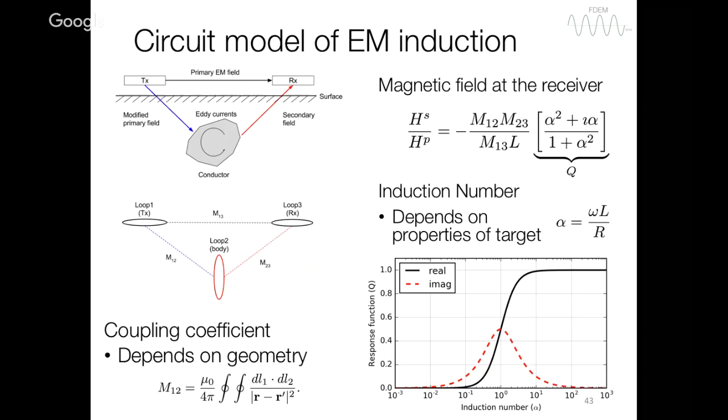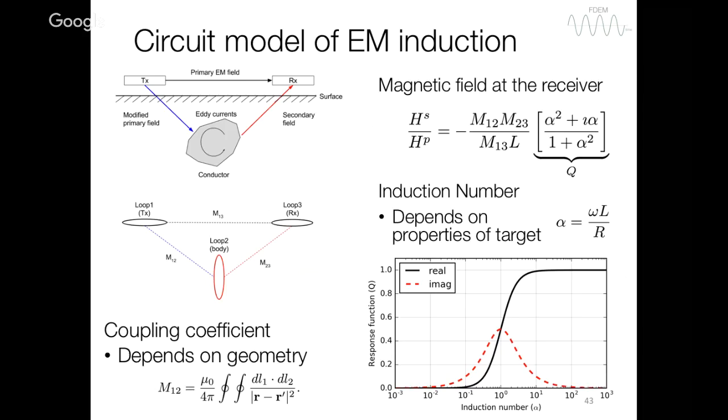Let's call this loop 1, this loop 2, and that loop 3. So here's our transmitter, and here's our target. First of all, if we're thinking about strengths of things, we're going to have to know how this loop and this loop couple together.